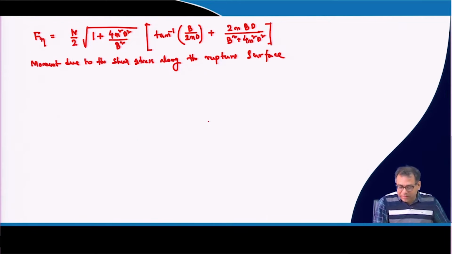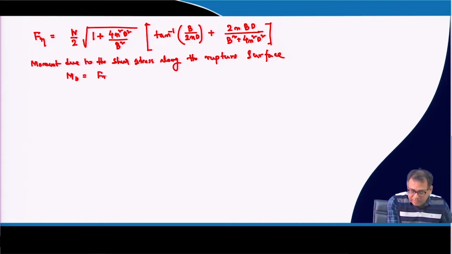So, this moment M b will be Fn tan phi into r.